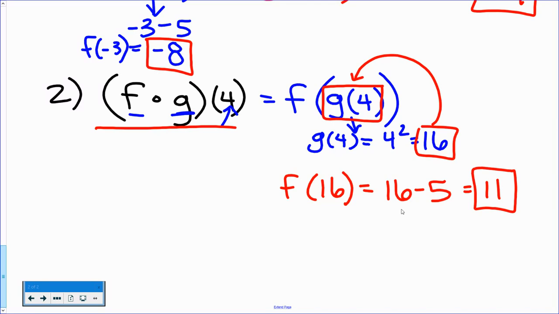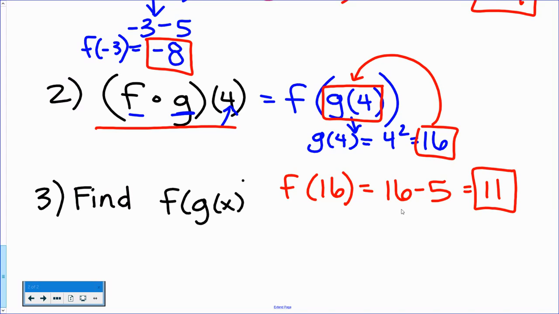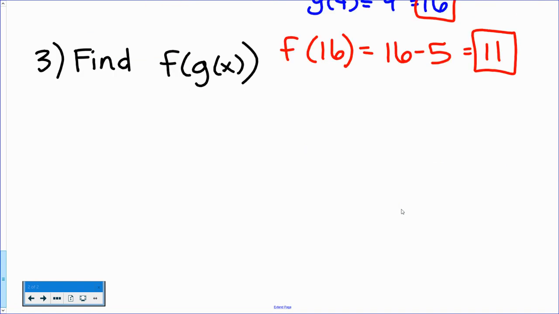So you'll have composition where you can plug in a number. You will also have composition where you would be asked to find the equation, so f of g of x. This is a little bit more abstract, because I don't have a number that I'm plugging in. I'm plugging in the entire function g of x in place of the input in f.